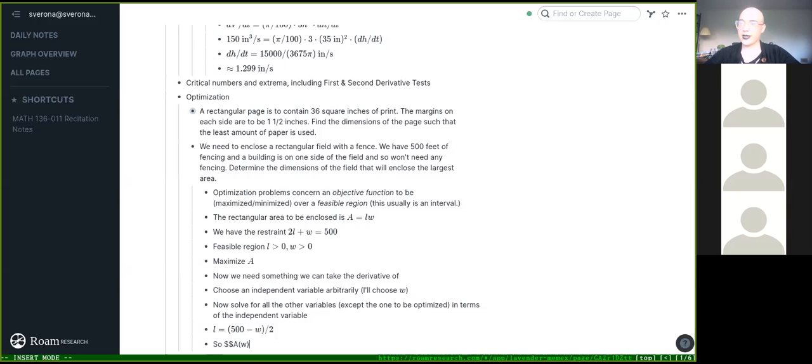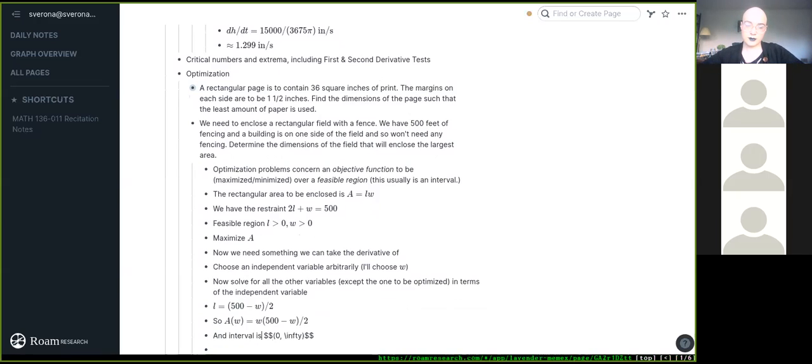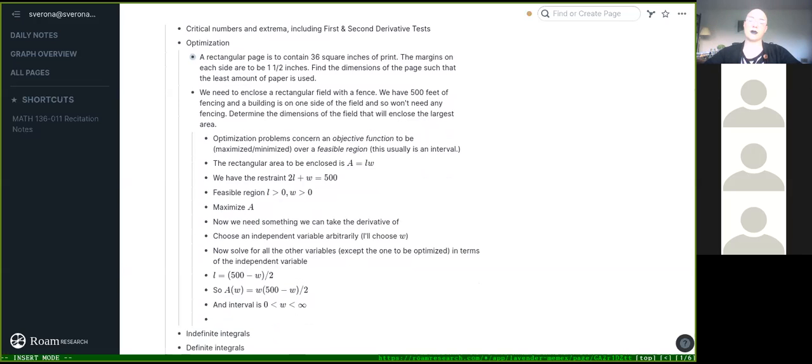So I can write A of W. So this will be W times (500 minus W) over 2. And the interval is 0 to infinity.